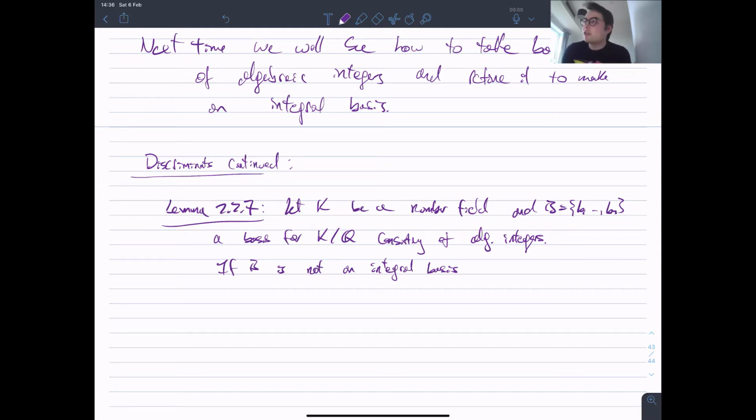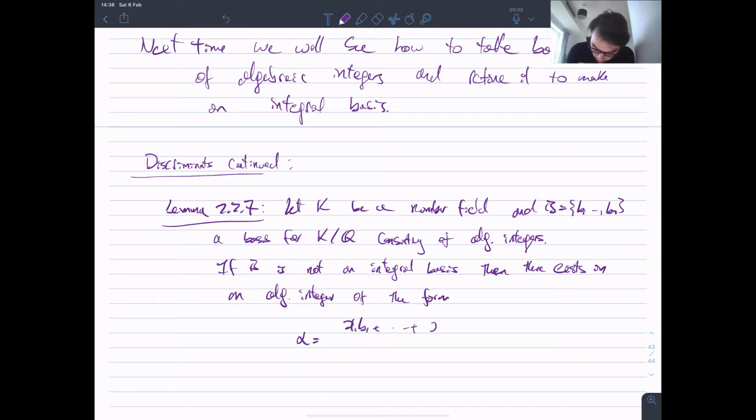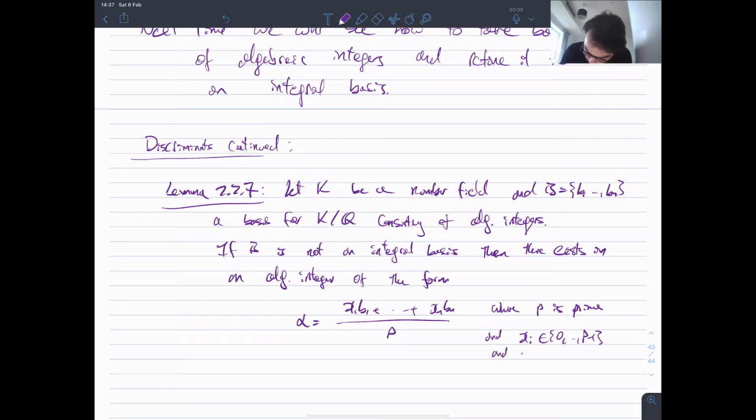So if you had a basis which was not an integral basis, then there exists an algebraic integer of the form, say, I'm going to call it alpha, (x1 b1 + ... + xn bn) over p, where p is a prime number, and these coefficients, these xi, are all between 0 and p minus 1, and not all of the xi are 0.